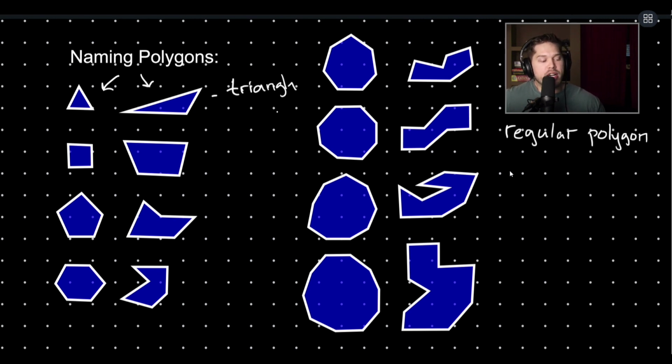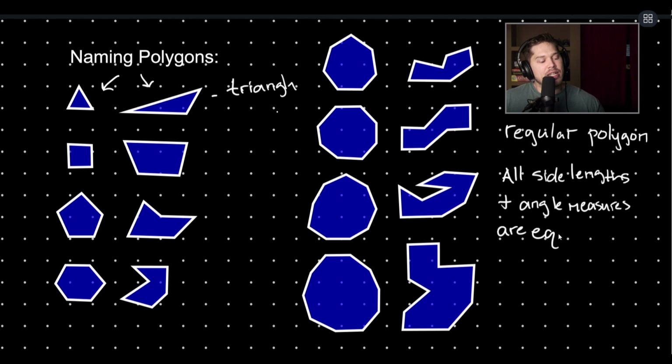Well, a regular polygon is a polygon where all of its side lengths and angle measures are equal. So a regular polygon is where all side lengths and angle measures are equal.